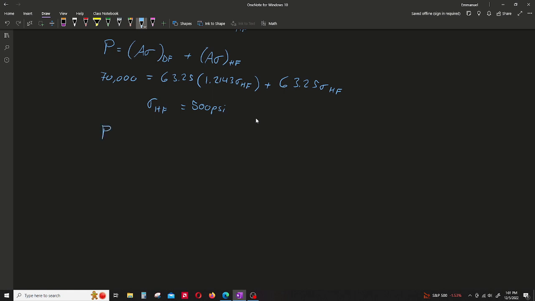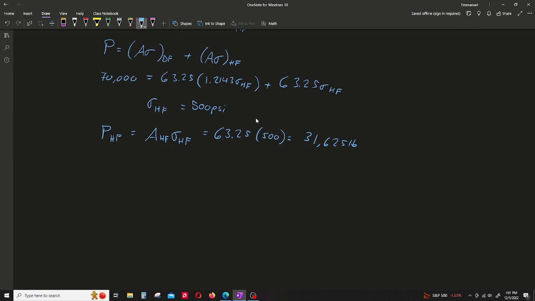So the amount of force just for HF alone would be our A times sigma, which is 63.25 times 500. Let me calculate that real quick. We get a total value of 31,625 pounds.